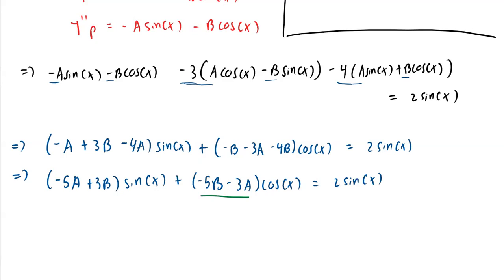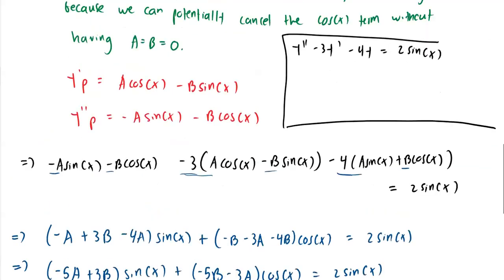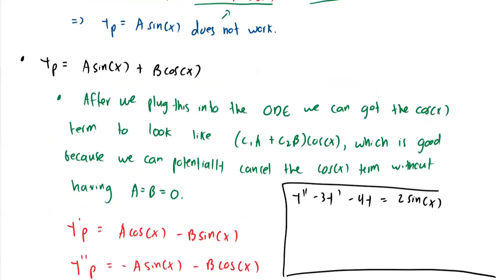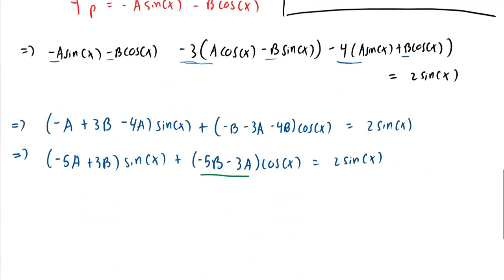And again, we can't have A and B equal to 0 because then our original guess would just be y equals 0, which we know doesn't work because our differential equation is non-homogeneous. So let's see what equations we get. So the first equation I already talked about. We need whatever's multiplying the cosine to be 0 in order for that cosine term to go away. So I get minus 5b minus 3a has to be equal to 0.